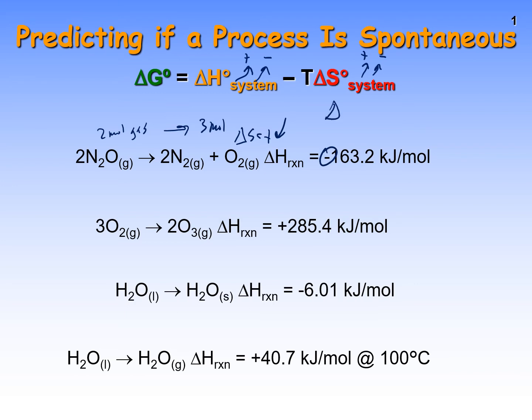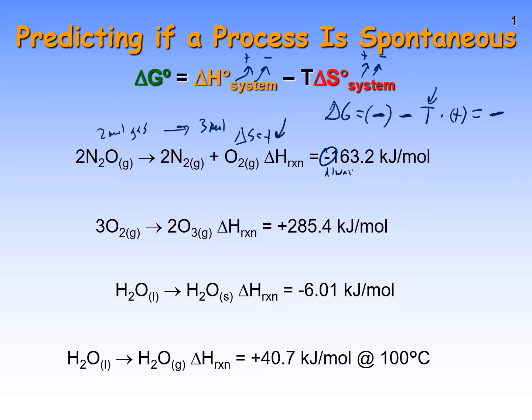If we look at the Gibbs free energy equation here, that means I have a negative number minus temperature times a positive value. Now, it does not matter what number for temperature you put in here. The answer to this equation is always going to be a negative value. In other words, this system is going to always be spontaneous at any temperature, right?